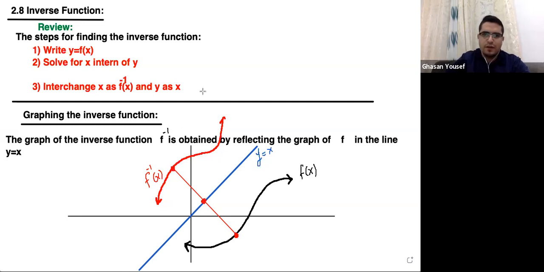And also, if I want to graph any line, same idea. The distance from this point to this point is the same as the distance from this point to this point. Is it clear how we can graph the inverse function?